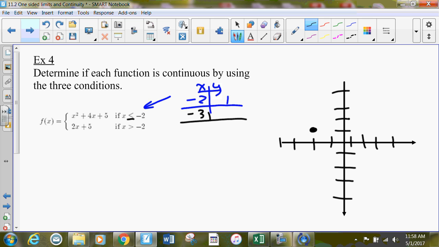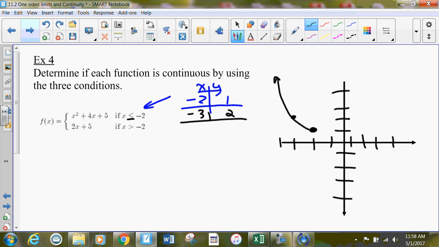I'm going to definitely have to pick up my calculator. So I'm going to have, let's see, a 9 and then minus a 12 plus 5. And we have a 2. So the -3 will have a 2. And I'm just going to imagine, because it's positive, that it is going up that way.